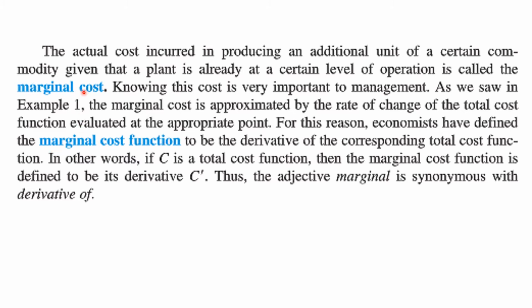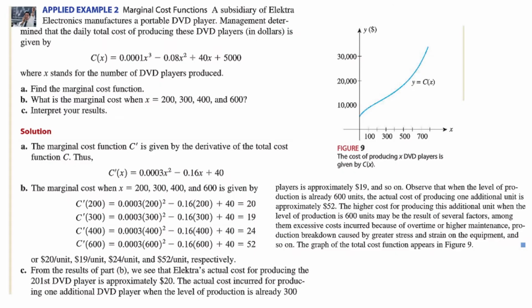So you see, this is marginal cost, this is marginal cost function, to be the derivative of the corresponding total cost function. In other words, if C is a total cost function, then the marginal cost function is defined to be the derivative C prime. Thus, the adjective marginal is synonymous with derivative of.